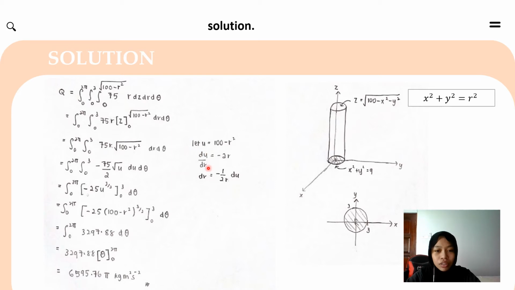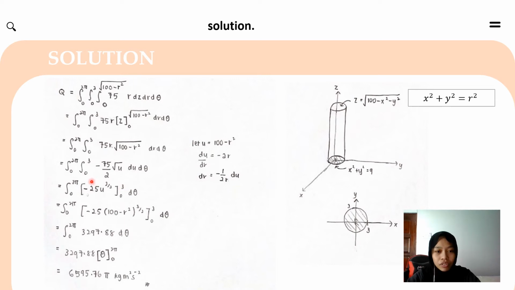We get du/dr equals negative 2r, and then dr equals negative 1 over 2r du. Then we substitute the u terms, and our equation becomes negative 75 over 2 square root of u du d theta. Then we integrate u, and we get negative 25 u to the power of 3 over 2. The limit is from 0 until 3.